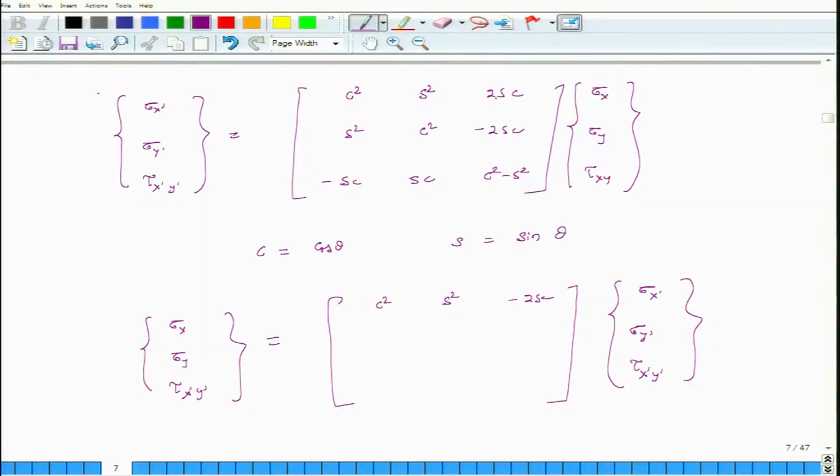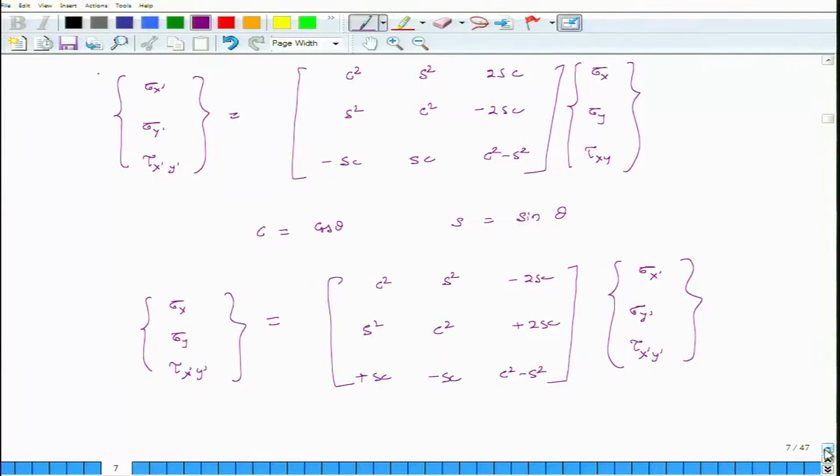Cosine of minus theta does not change, but sine becomes negative. And then this is minus, plus 2sc, c square minus s square, c square, minus sc, s square and plus sc.